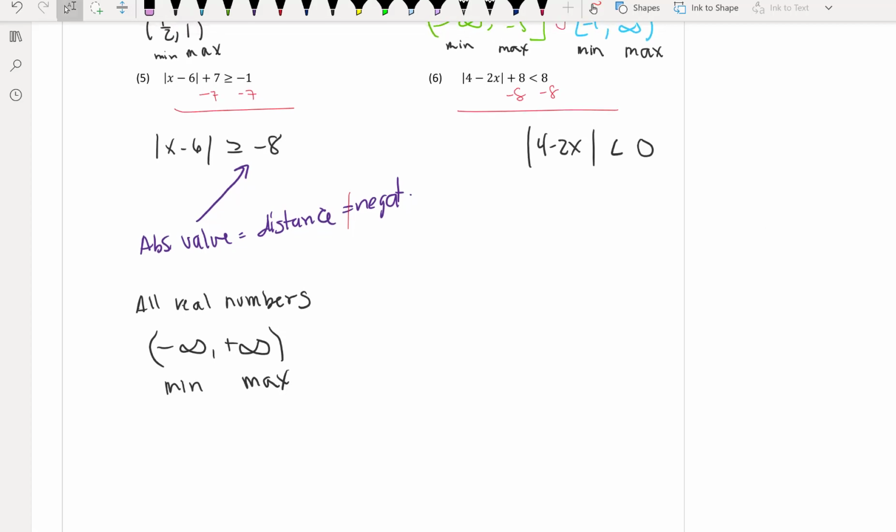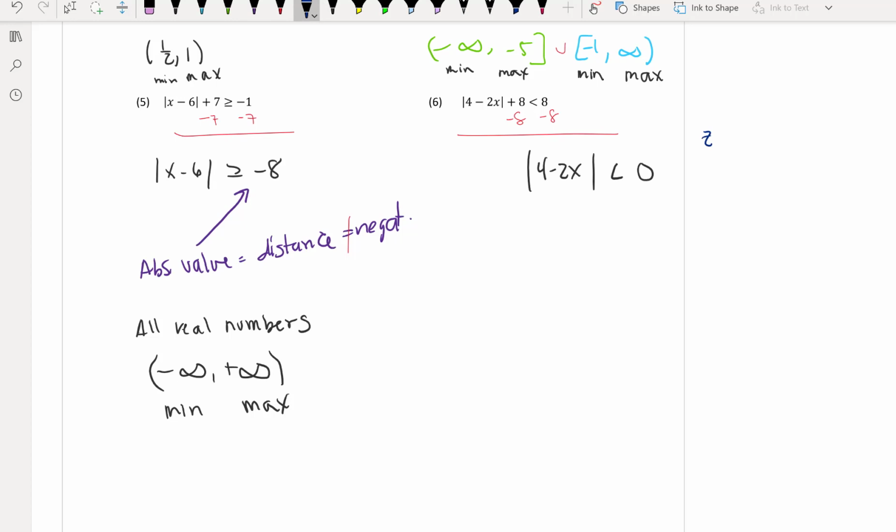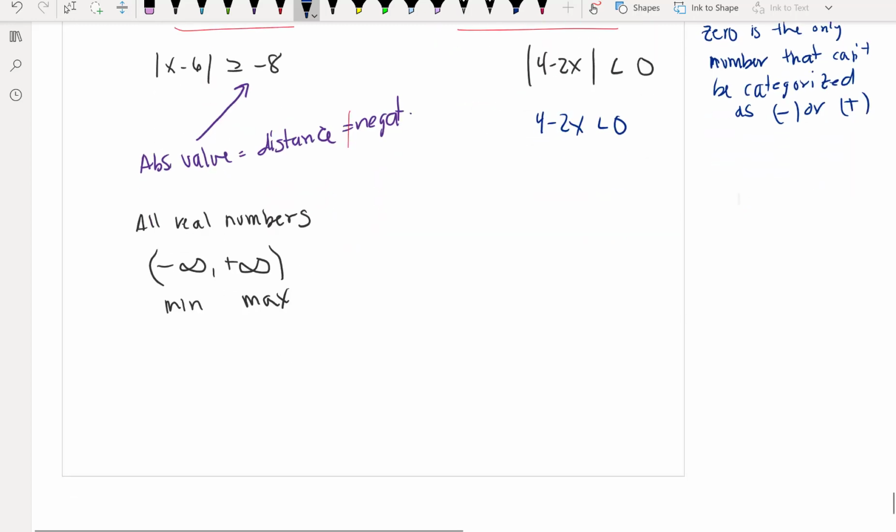So if we have this less than 0, then we can just drop the absolute value because 0 doesn't get split up into the positive or negative values, right? 0 is the only number that can't be categorized as negative or positive. So since that's the case, we can just think about this as 4 minus 2x less than 0. Solve for x.